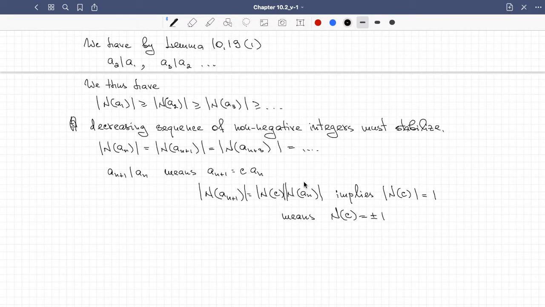So we conclude that C is a unit, which by definition means that an and an plus 1 are associates.